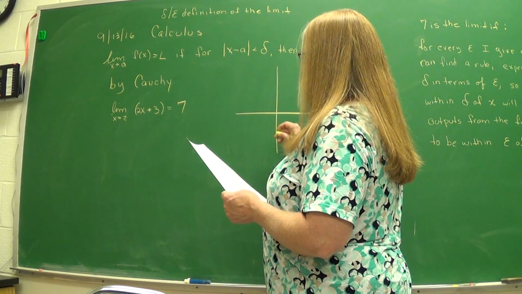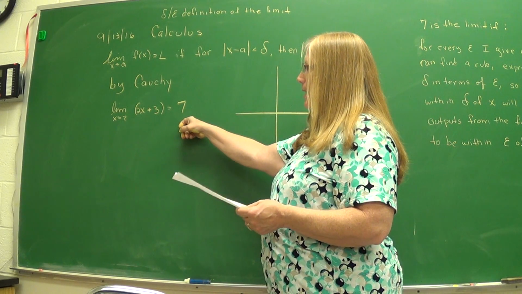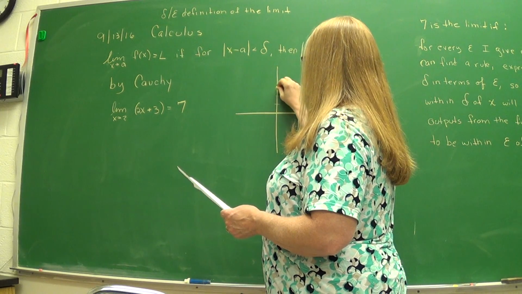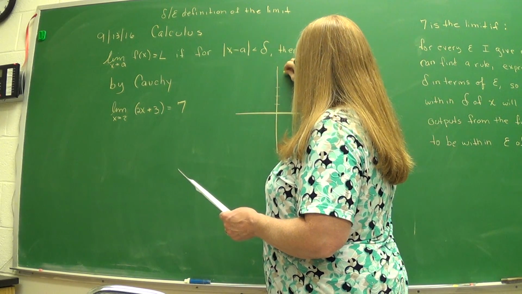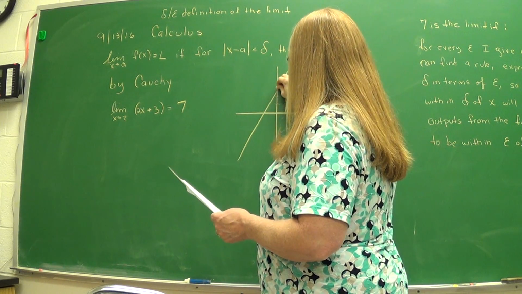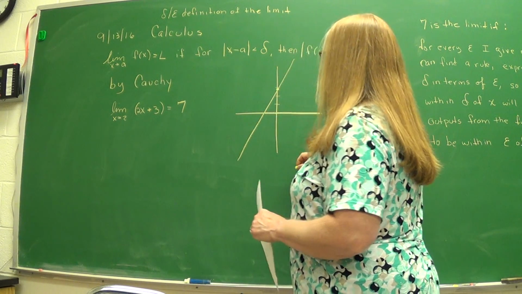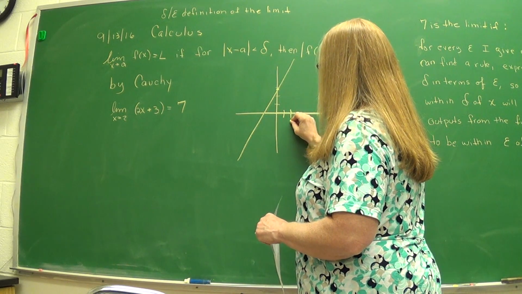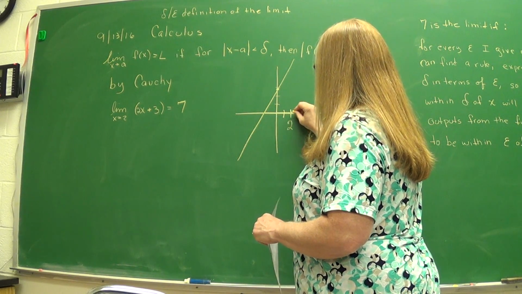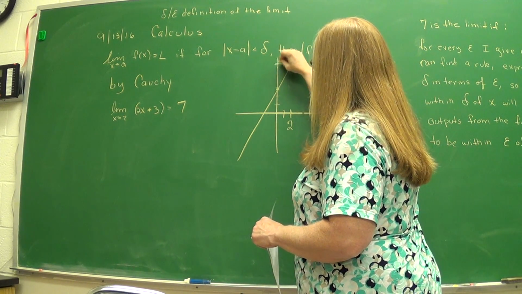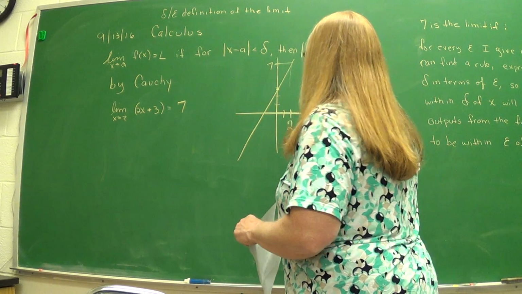If we have, say this problem, the limit as x approaches 2 of 2x plus 3. So that function will look something like this, going through that point. And as x approaches 2, right here, so that's our a is 2 in this problem, then this function should approach 7.